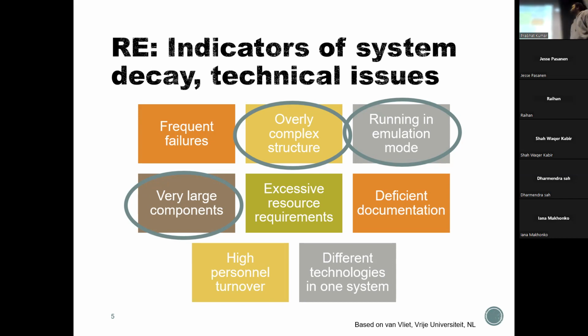Third was very large components. If you develop very large components, the lines of code can be very high. What will be the problem if we have a very large component? How is it going to impact the overall software degradation? Maintenance of a very large component will be very difficult.